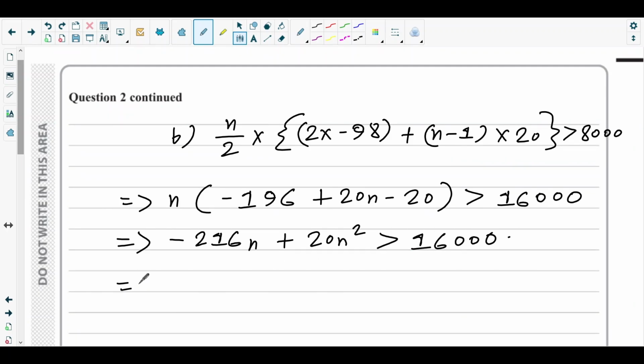Okay, so take all the terms to the left side. So take 16,000 to the left. So you will get 20n squared negative 216n negative 16,000, that is greater than 0.